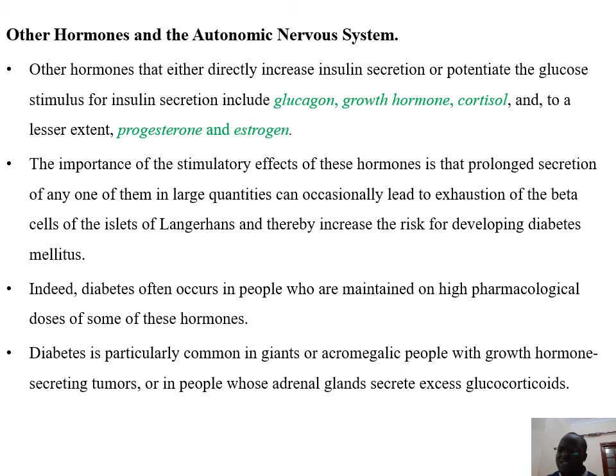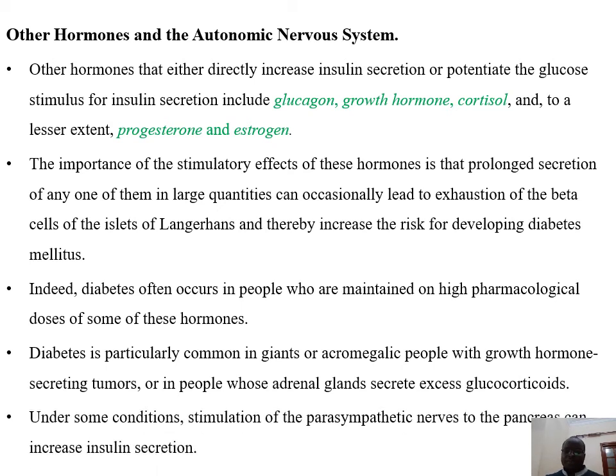Adrenal diabetes is mainly caused not by pharmacological doses of cortisol, but by the overproduction of cortisol by the adrenal gland in hyperadrenalism. So in hyperadrenalism, or Cushing's syndrome or Cushing's disease, where the adrenal cortex is overproducing cortisol, that can cause adrenal diabetes. The opposite can cause adrenal crisis. I hope you can still remember that.